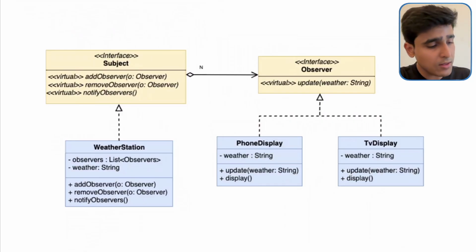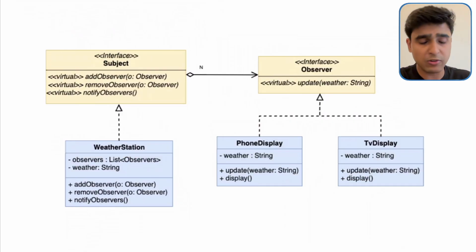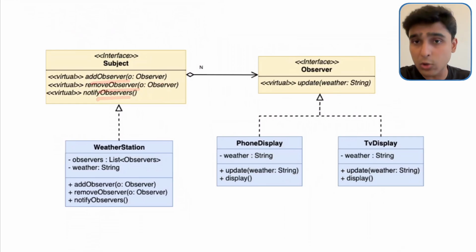Similarly, the weather station is like a subject, or in this case we can call it a publisher. So publisher and subject are synonymous. Similarly, observer and subscriber are synonymous. As a subject, it also has to implement three functions, which are add observer, remove observer and notify observers. Any subject should have the capability to add new observers, to remove existing observers, and to notify all the observers if there is any update.